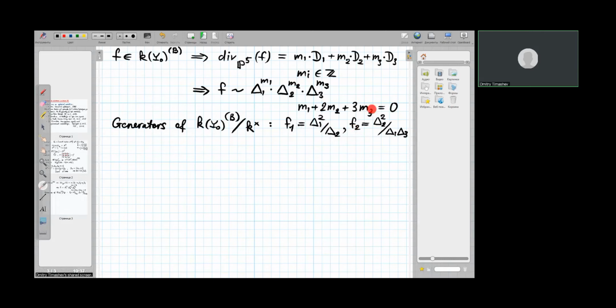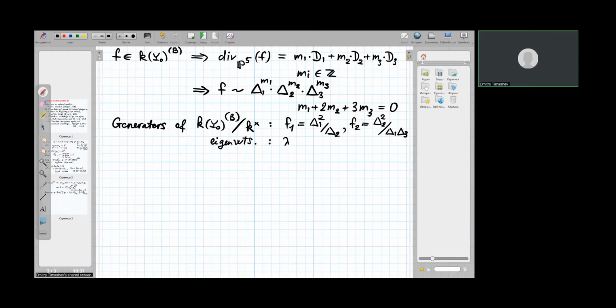So this condition is essential, of course. So to deduce that any function of this kind is a product of this one to some power and this one to some power. And the eigenweights of this function are the following.